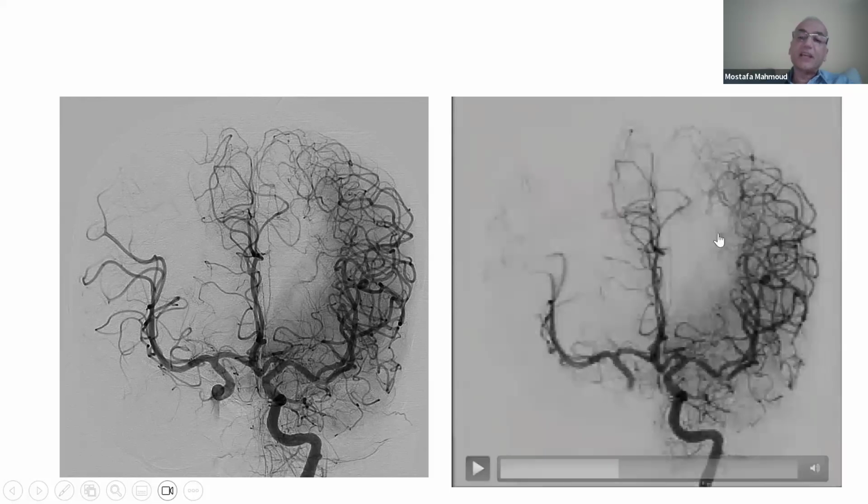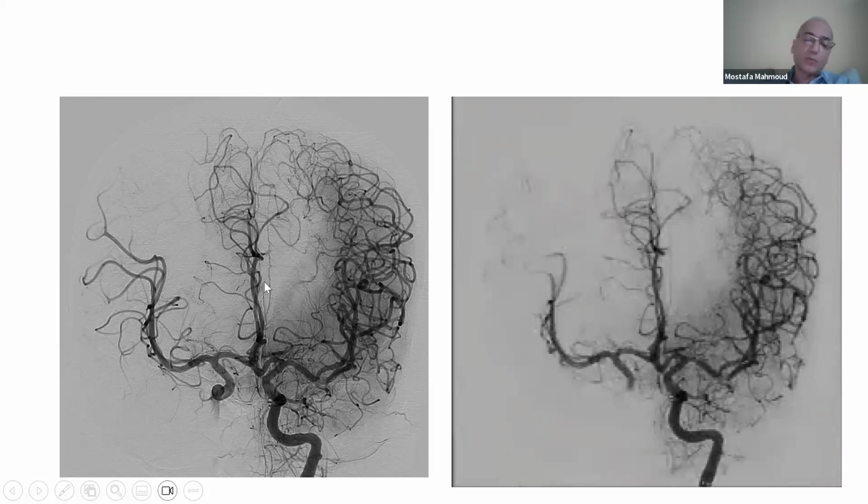What you are seeing here is that we vascularize the MCA and the ICA, but the whole ACA is missing. What you are seeing is the contralateral ACA, and the whole ACA is missing.